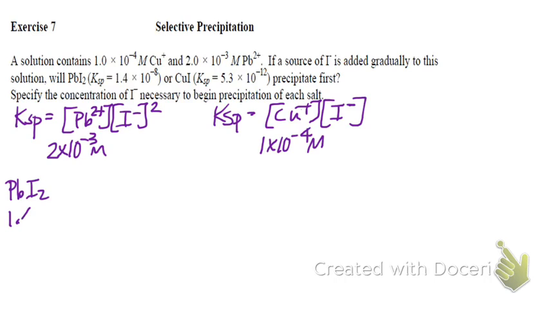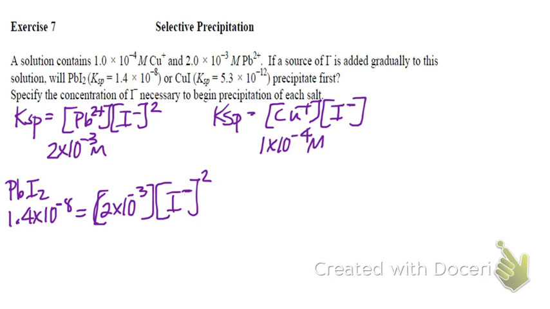It gave us the KSP value, times the lead value, and then we have the concentration of I squared. But remember, that would be x and 2x, right? If we were doing that based on the way it would precipitate or break apart.